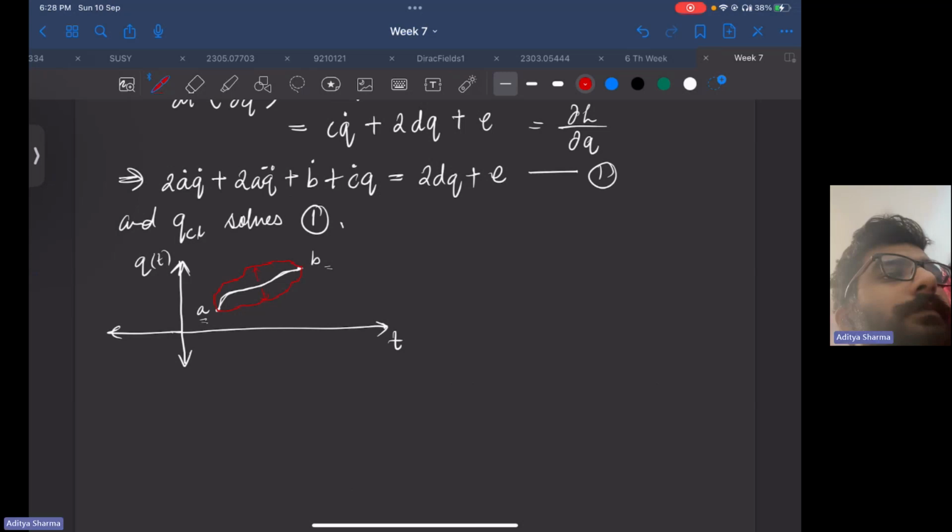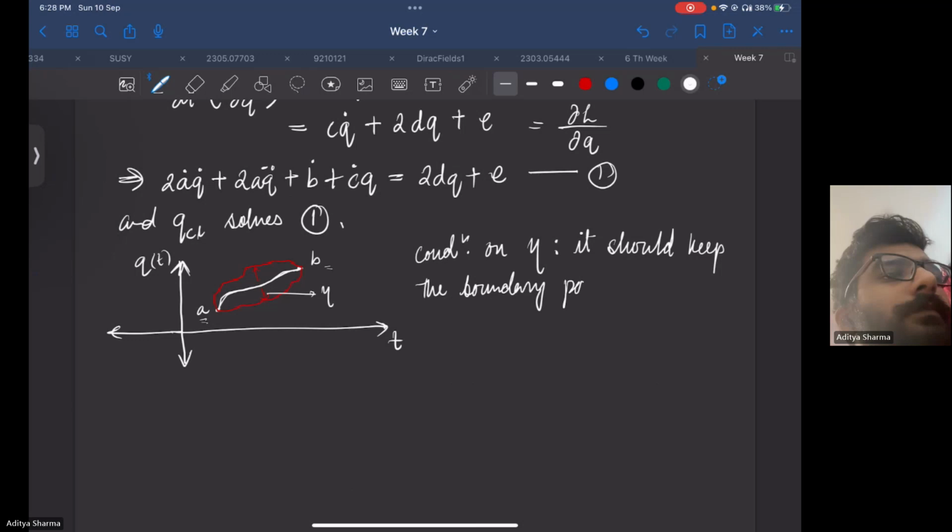Okay. So these are characterized by the fluctuation. So the condition on eta is that it should keep the boundary points intact.